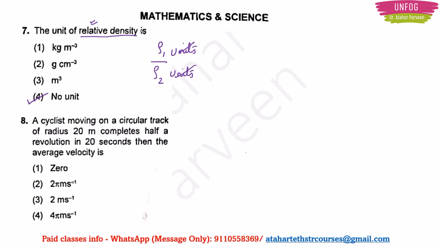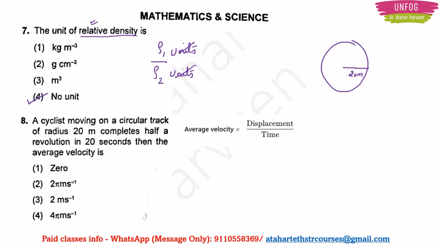Next, question number 8. A cyclist moving on a circular track of radius 20 meter completes half a revolution in 20 seconds. Then the average velocity is, see actually, the average velocity is equal to displacement upon time, right? So there is a cyclist who is moving on a circular track and the radius of this circular track is 20 meter.